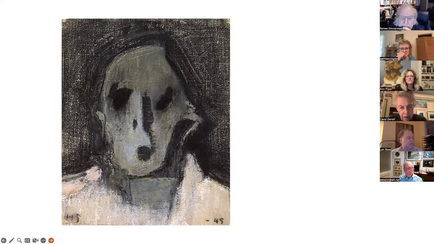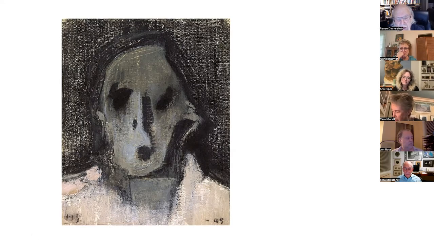It says 45, I think. Yeah, it could be a date, 1945. So the year before she died. Well, in 1945, she was, I would say, 81.